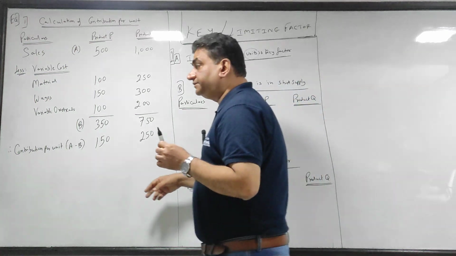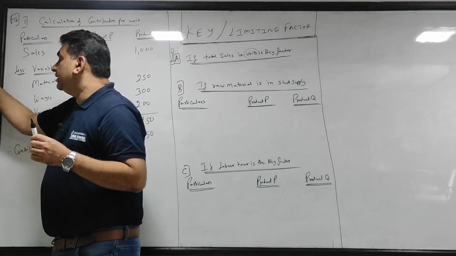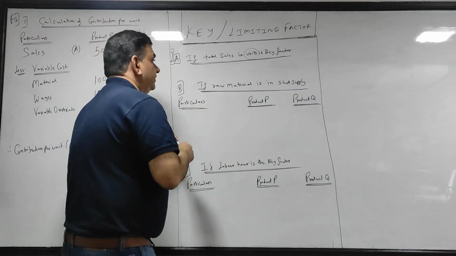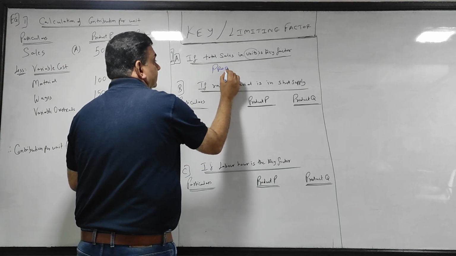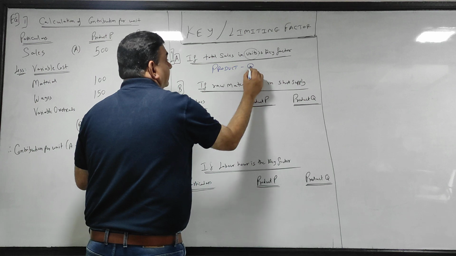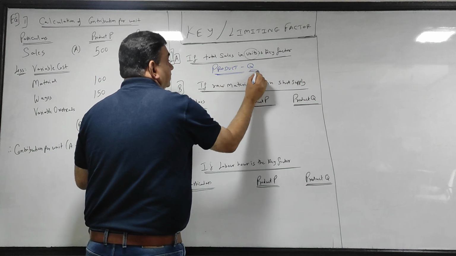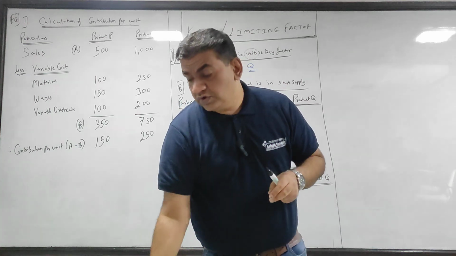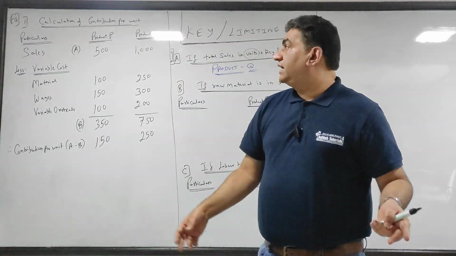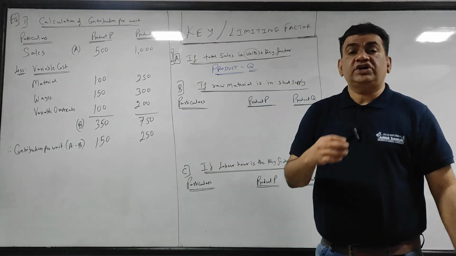So what you will do? First preference will be given to product Q. That means जितना हो सके उतना Q मैन्युफैक्चर करो, उसके बाद जो बचेगा उसमें से P मैन्युफैक्चर.